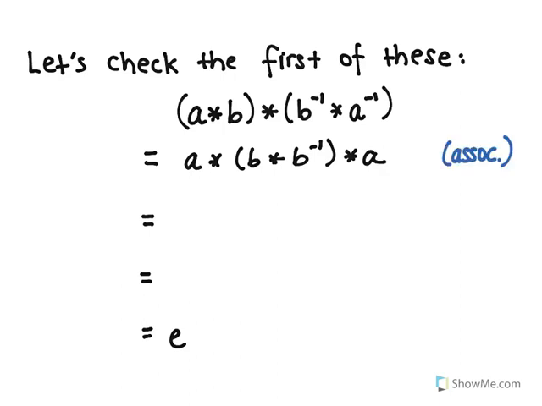Which leaves me with this expression. And what's helpful about that is that you'll notice inside of these parentheses, I now have B star B inverse, which by the definition of inverses is the identity E. Now the fact that E is the identity means when I combine it with anything else, I'll get that thing back again. You might find it helpful to insert some parentheses here, which is allowable by associativity.